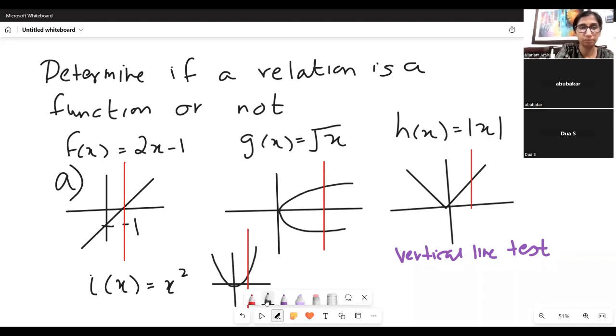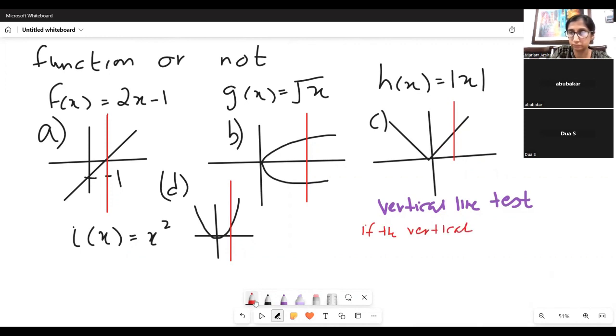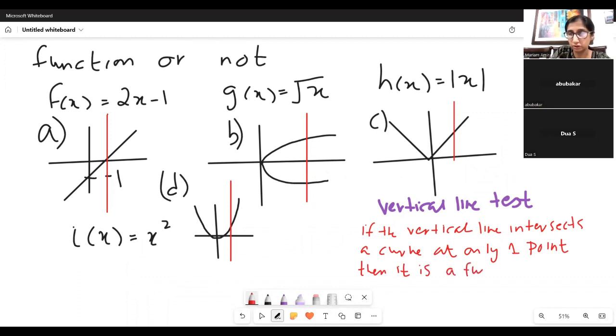So let's say these are A, B, C, and D. If a vertical line intersects the curve at only one point, then the curve or the relation is a function.